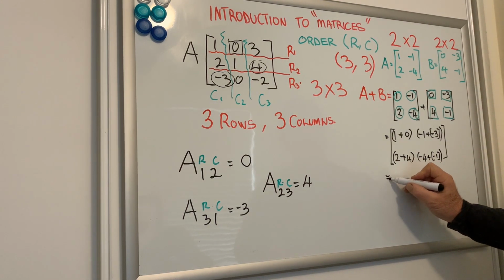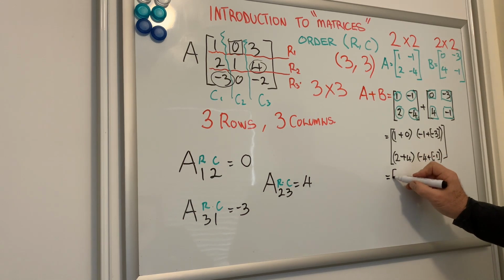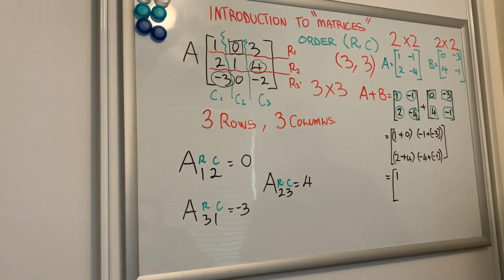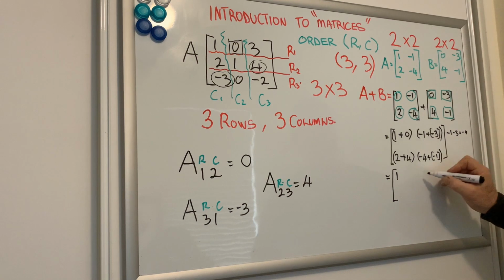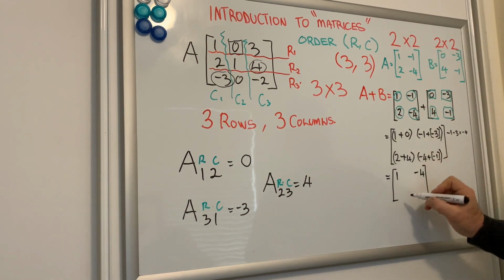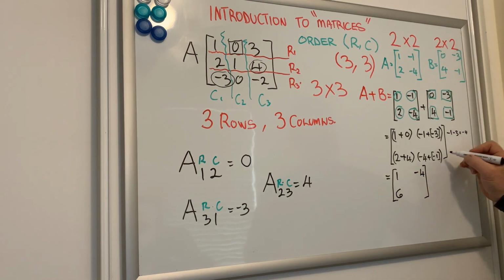That's now equal to 1 plus 0 is 1. Minus 1 plus minus 3 is the same as saying minus 1 minus 3, which is minus 4. 2 plus 4 is 6. Minus 4 plus minus 1 is the same as saying minus 4 minus 1, which is equal to minus 5.